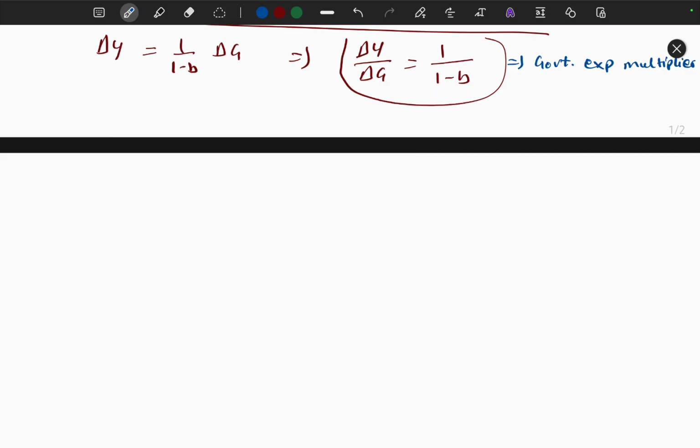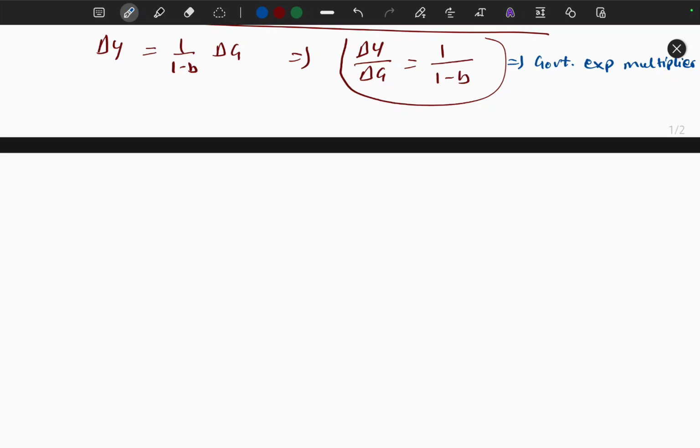So, tax is basically nothing but a withdrawal from the circular flow of income. So if tax is a withdrawal from the circular flow of income, it must cause a negative effect on the equilibrium level of national income.